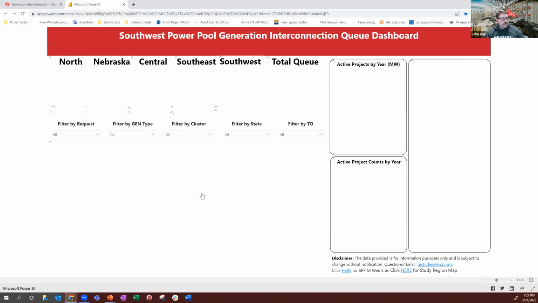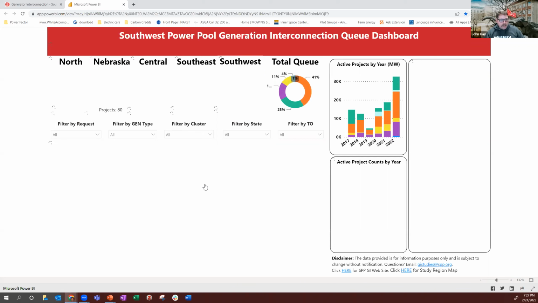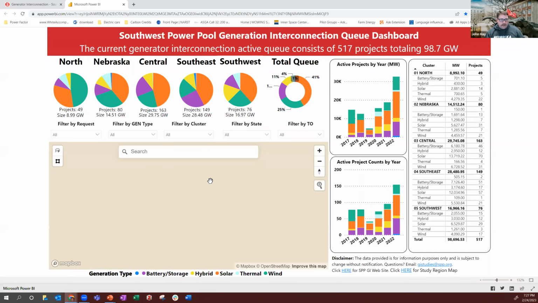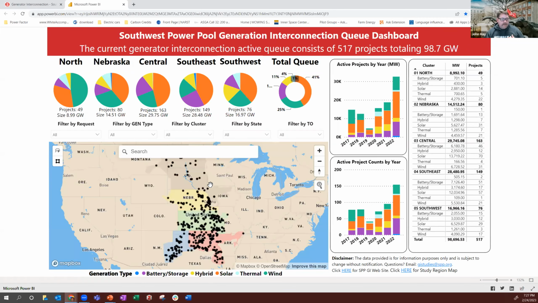And this is taking longer to load than it should, but it is amazing to see how much generation they are trying to put on the grid right now. And I think that this is a testament to say that not only has the subsidy helped improve and get people excited about wind and solar, but even the prices before the subsidy were enough to excite people.